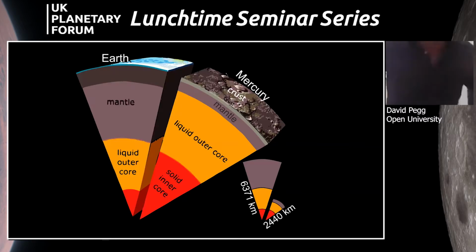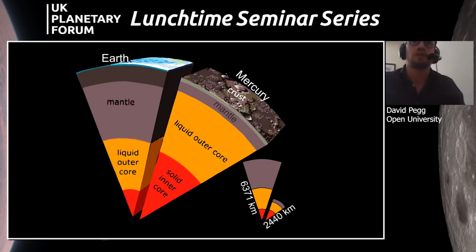So I mentioned the magnetic field, and I also mentioned the density, and that helps us understand something about Mercury, which is quite interesting. It's not really a rocky planet, it's more a ball of iron with a thin coating of silica and rocks on the outside. So you can see this comparison between Earth and Mercury.